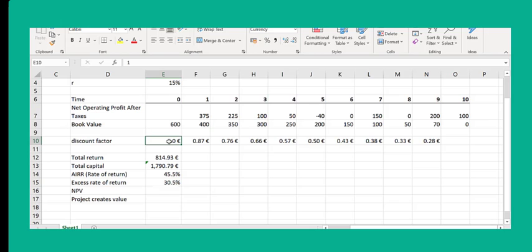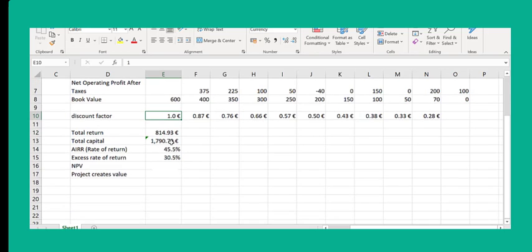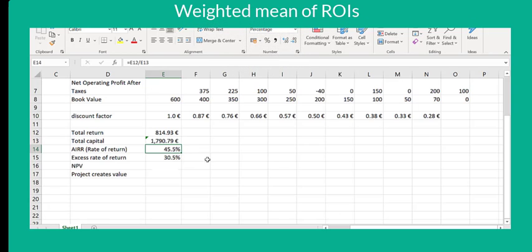We have already computed in a previous video the rate of return as the ratio of total return to total capital. Now we want to show that the 45.5% rate of return can be seen as the weighted mean of the one period rates of return.